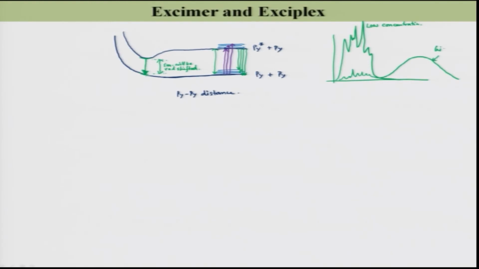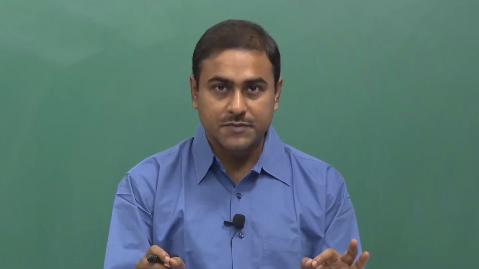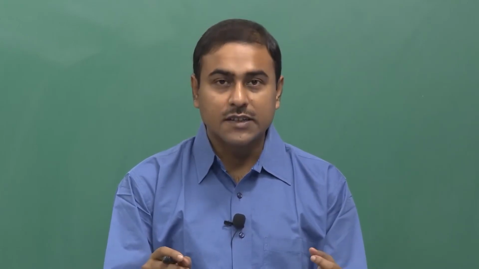So this is high concentration. Now, if this phenomenon is happening between two pyrene molecules, it is called an excimer, because this is a kind of dimer formation.